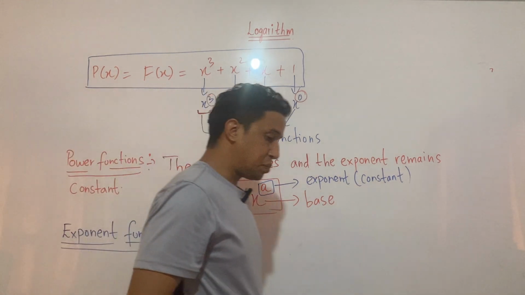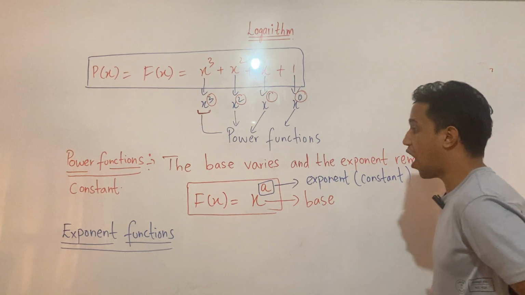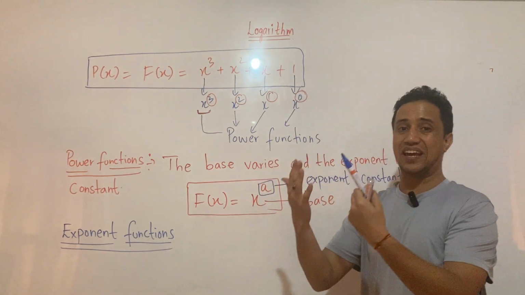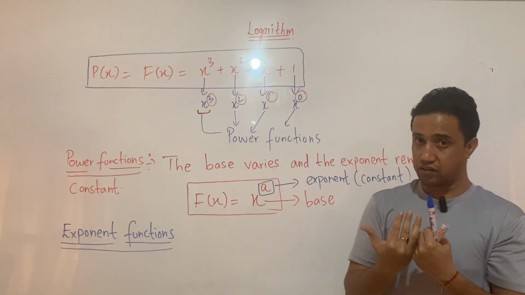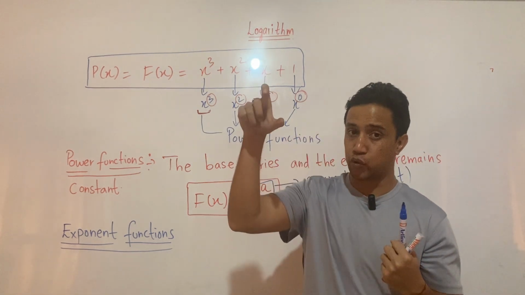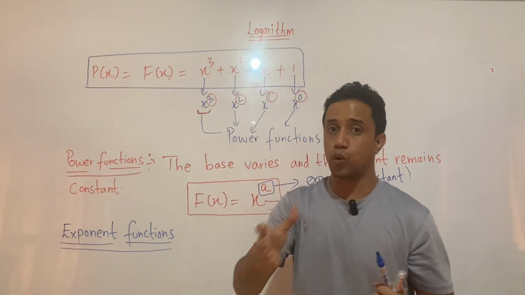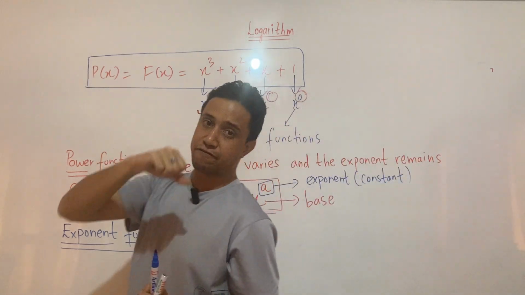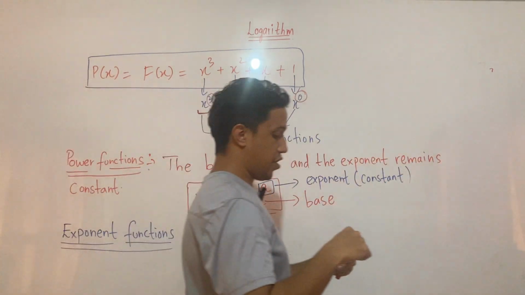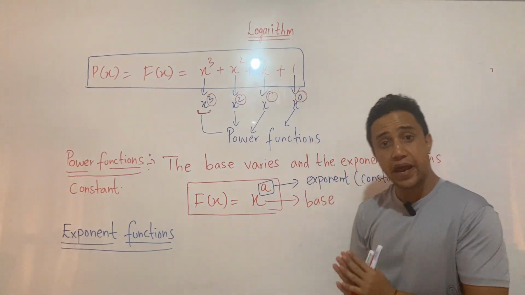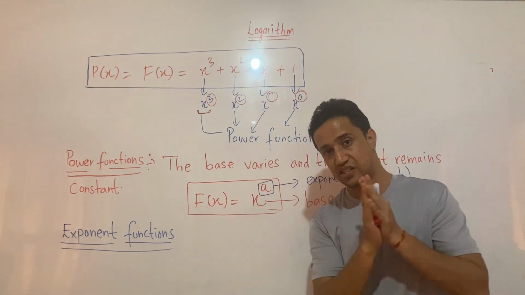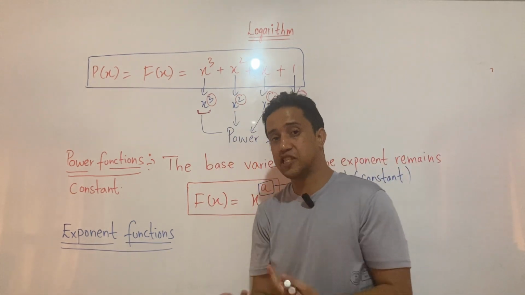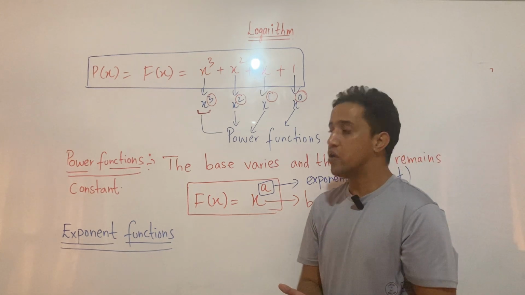Exponent functions are the functions in which your base remains constant and the exponent or the power changes. One more time: an exponent function is a function in which your base stays constant and the power or exponent changes or varies.